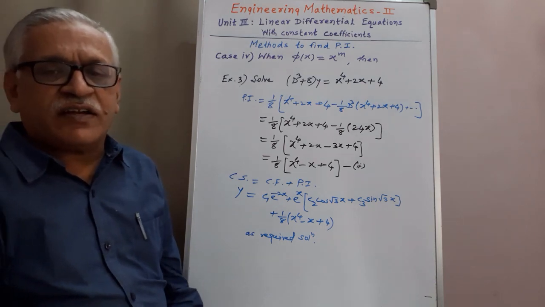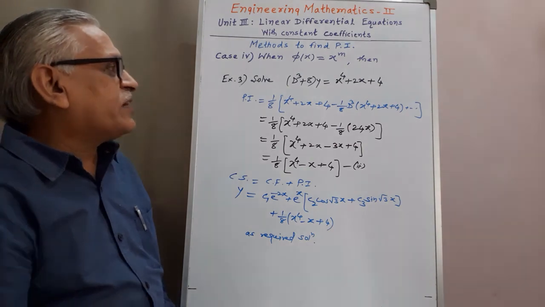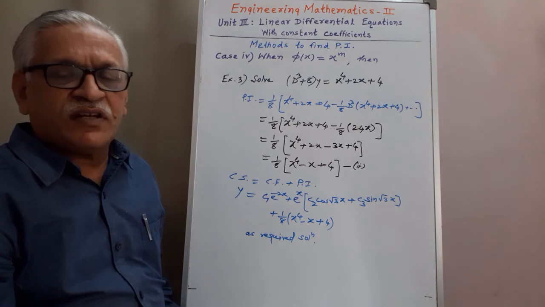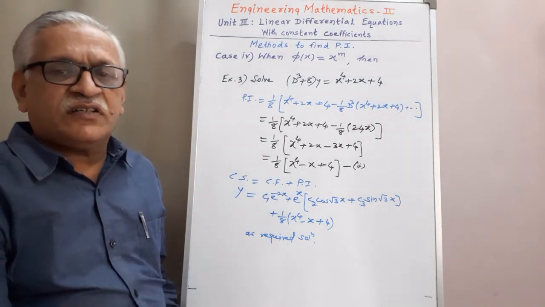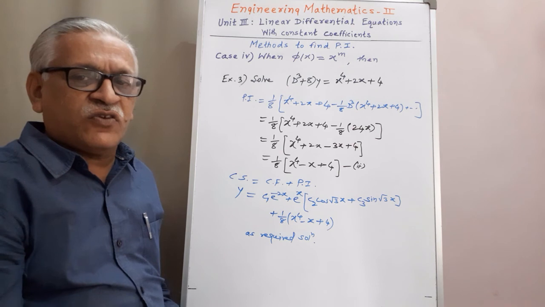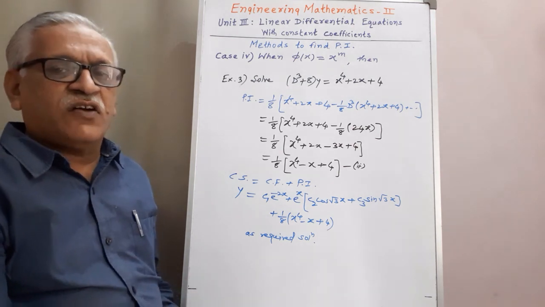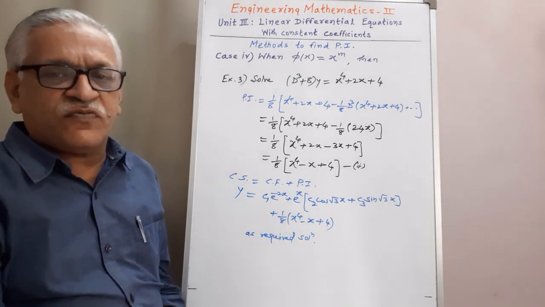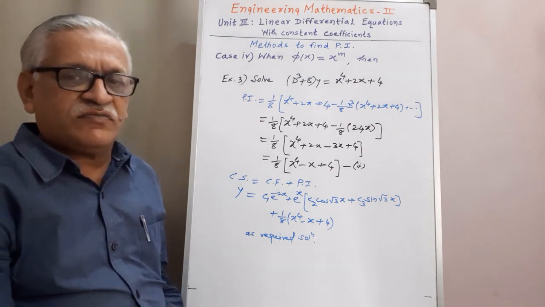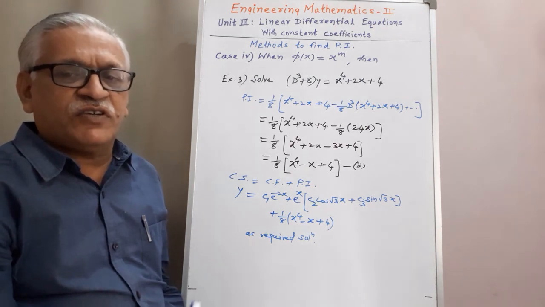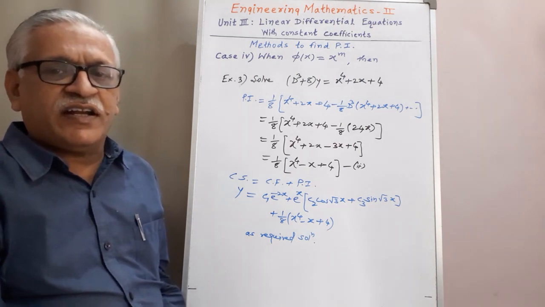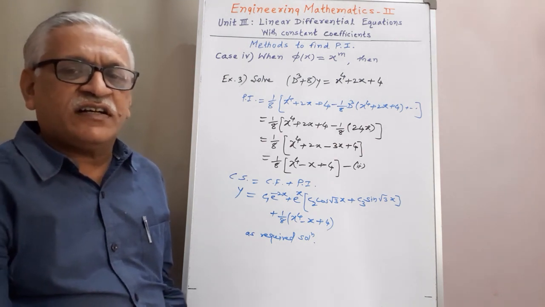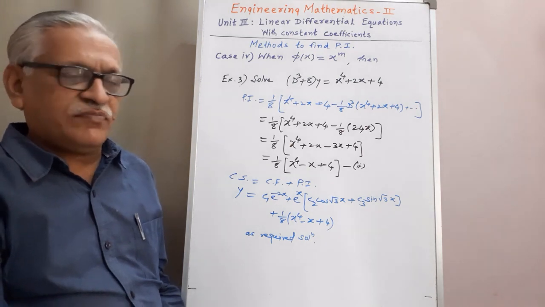Therefore I tried to explain how we can obtain the PI when the function is in the form of x raised to m. The important part is these 2 steps. In the first step we take the lowest degree term as a common term, and the remaining term is in the form of 1 plus phi of D or 1 minus phi of D. That bracket we transfer to the numerator and then expand it by the binomial theorem up to terms containing D raised to m.